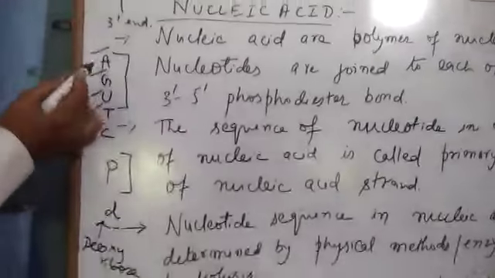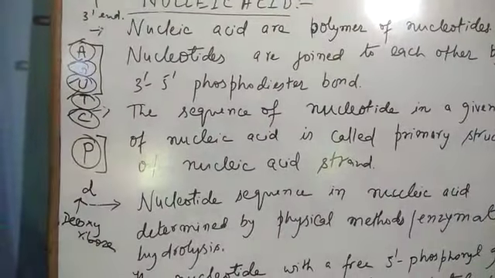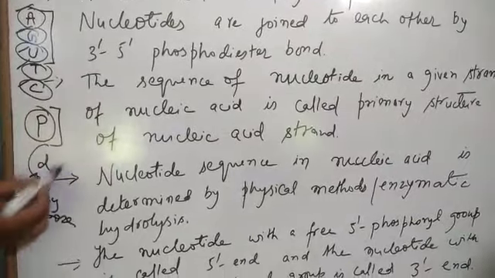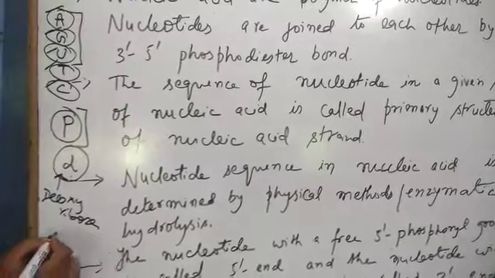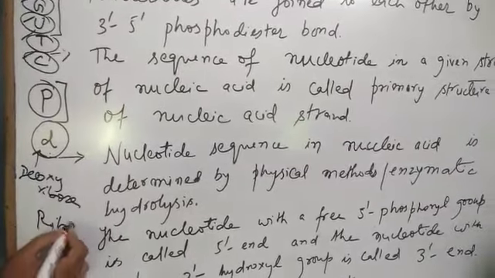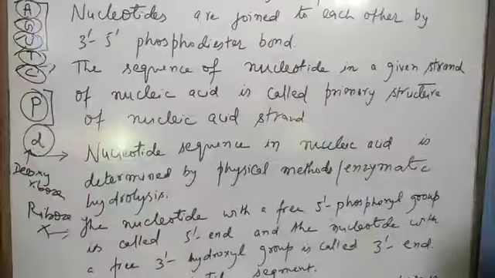Okay. So you come here and you see what we are saying: for bases you use only the first letter, for phosphate you use p, for deoxyribose you use a small d, and for ribose you don't use any letter.